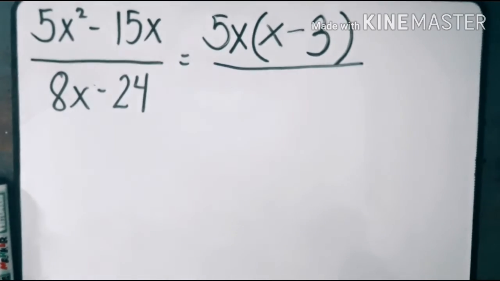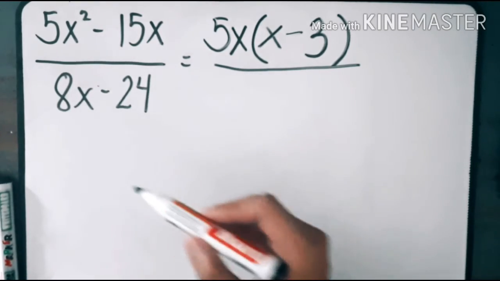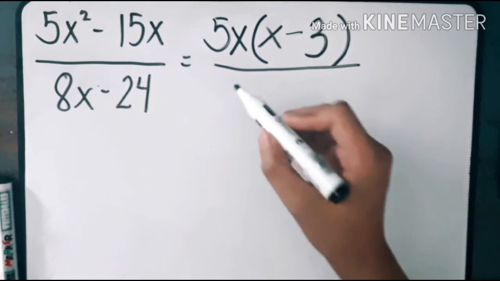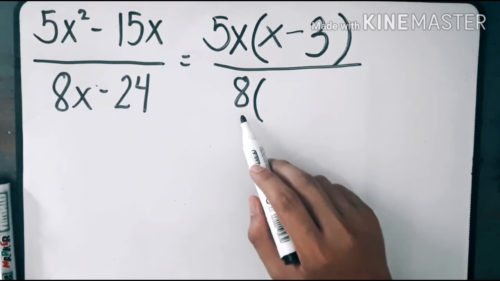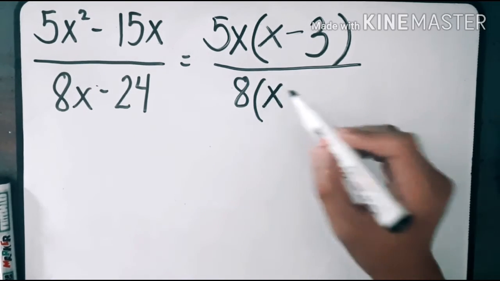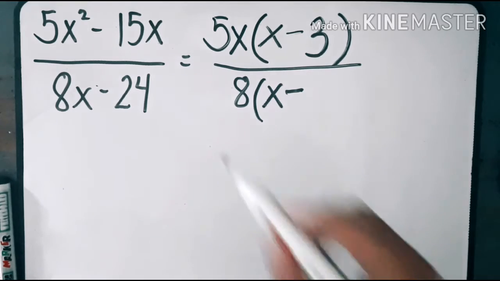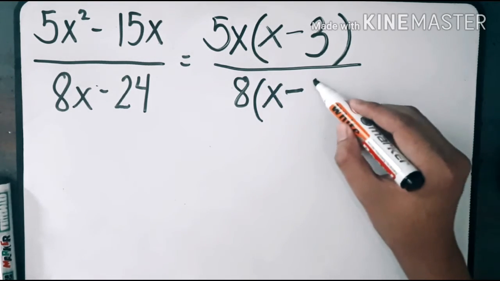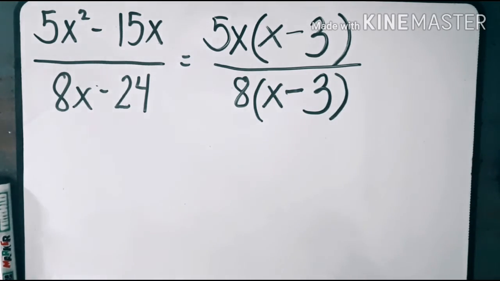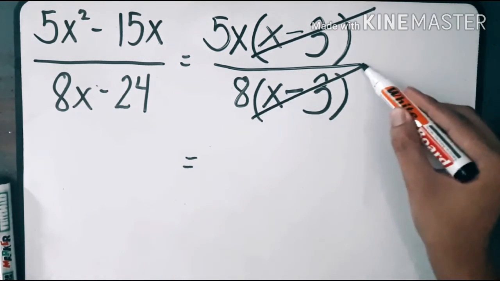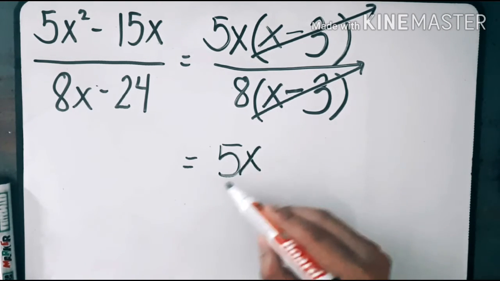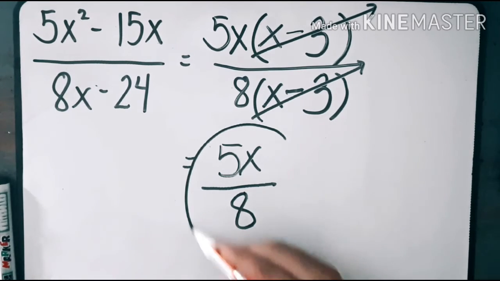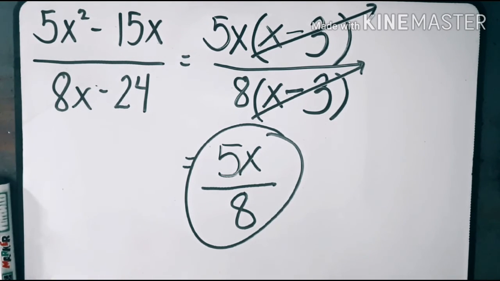Over. Next, greatest common factor ng 8x minus 24 is 8. 8x divided by 8 is x, minus 24 divided by 8 is 3. Next step is cancellation. Cancel natin yung magkapareho. Ang matitira na lang is 5x over 8. So, ito na yung final answer natin. Okay?